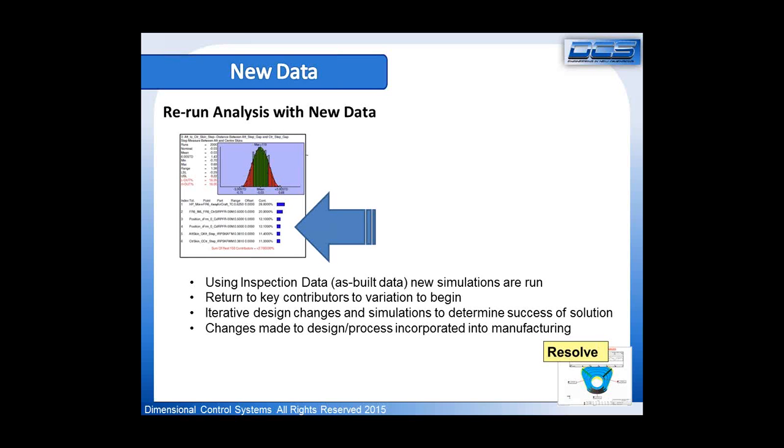This provides the ability to iterate on where your issues are occurring, where things occur in production that didn't present themselves, or didn't present themselves as significantly, during the simulation process.